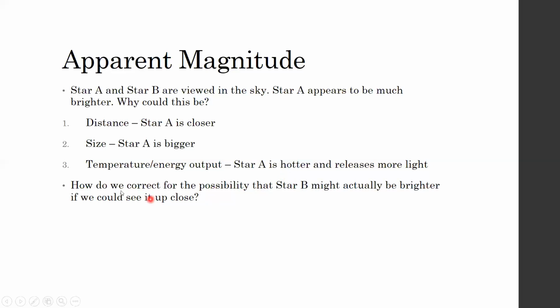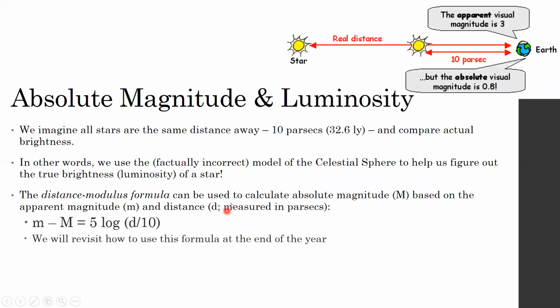All right, so how do we correct for the possibility that star B might actually be brighter if we could see it up close? We do that by using something called absolute magnitude, which we already introduced, but we need to get into the details of it. With absolute magnitude, which is tied to the concept of luminosity, the true brightness of a star, basically we imagine that all stars are the same distance away.